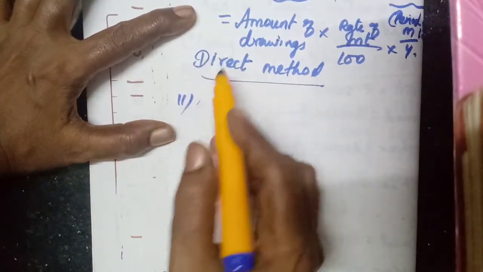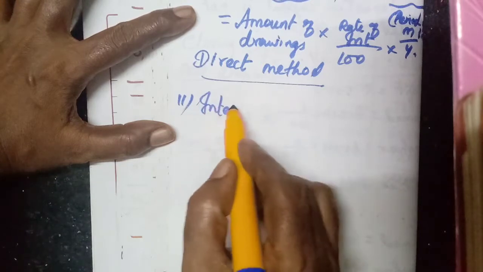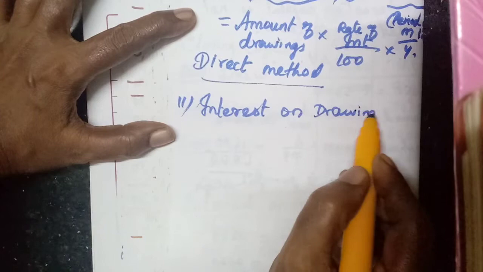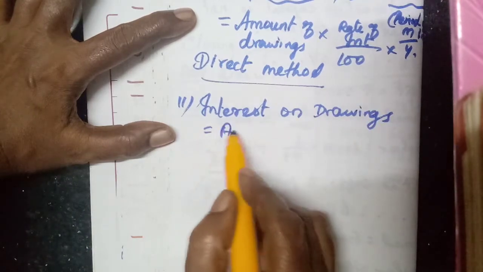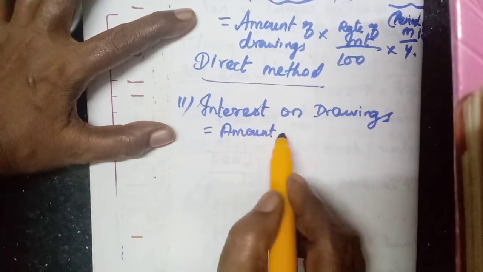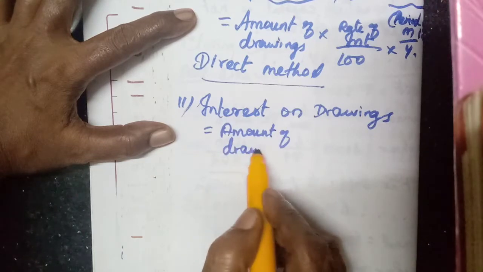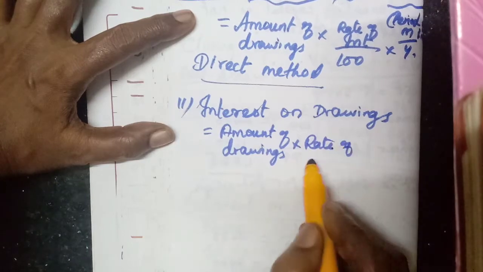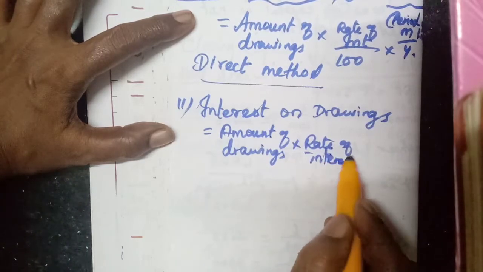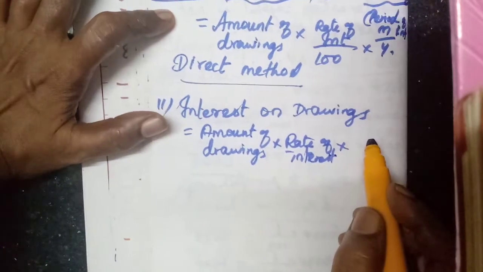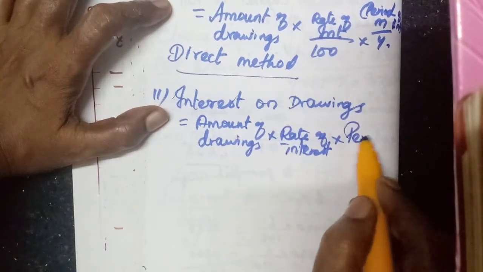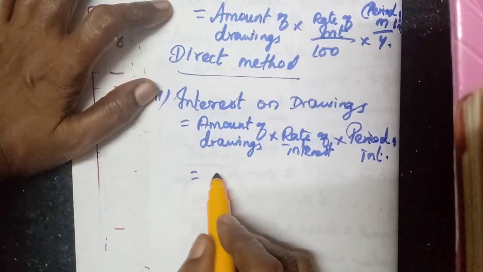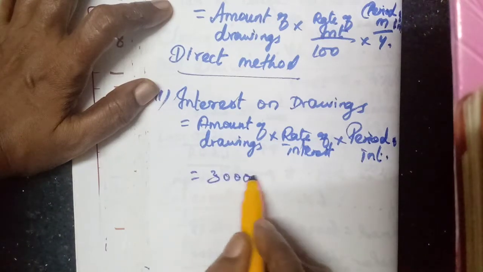What is the calculation? First calculate interest on drawings. So the formula we will write: interest on drawings is equal to amount of drawings into rate of interest into period of interest. Amount of drawings how much? 30,000.